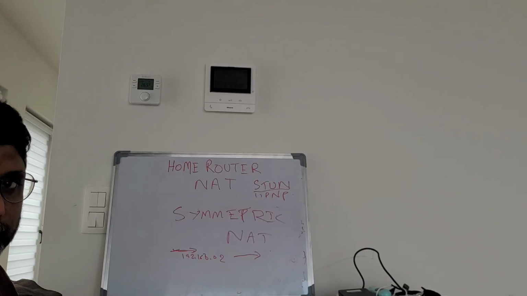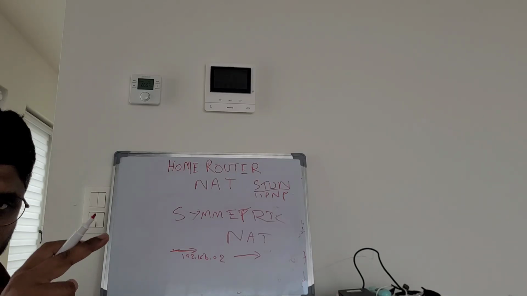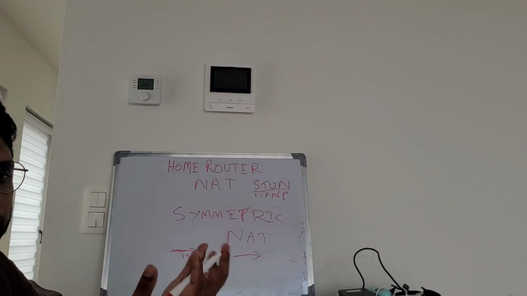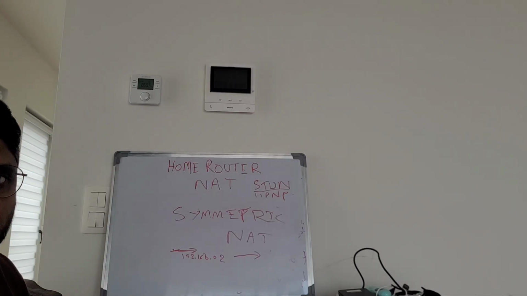And the fourth is symmetric NAT, where peer-to-peer voice and peer-to-peer gaming sessions will be difficult to operate because each session will have the same public IP address but different ports, right? So we send a particular request to the STUN server, but by the time it returns from the STUN server, the actual voice call connection may use a different port than what is provided by the STUN server.